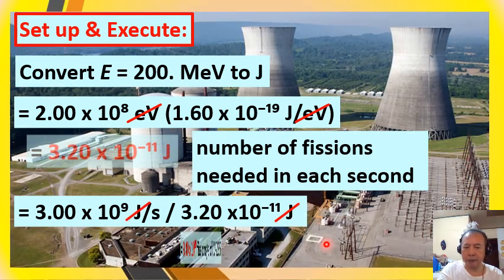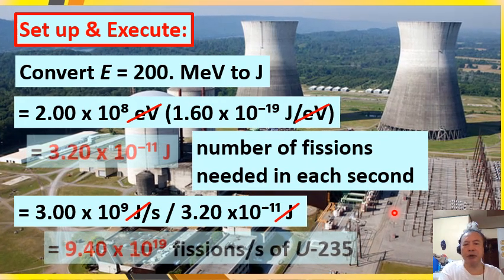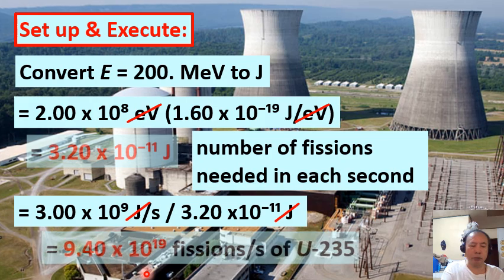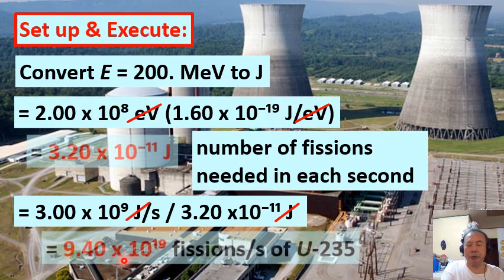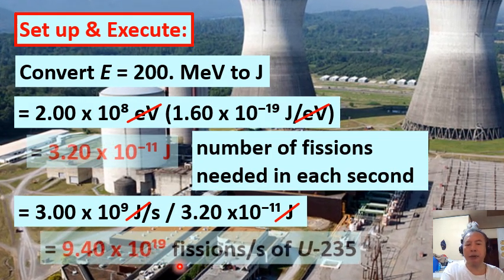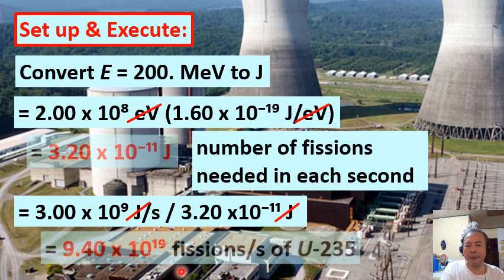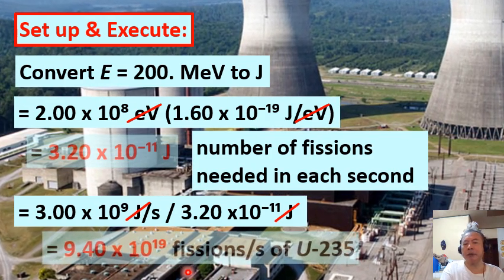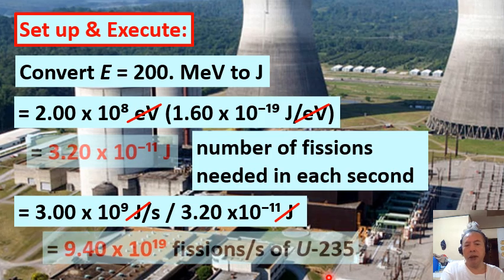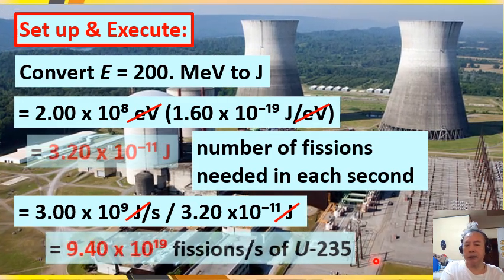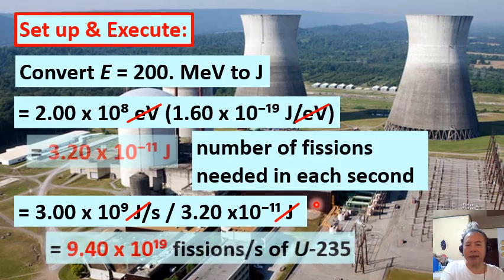And we will get the number of fissions needed in 1 second equal to 9.40 times 10 to the 19th power in three significant figures. So this is the number of fissions of the uranium-235 isotope in each second.